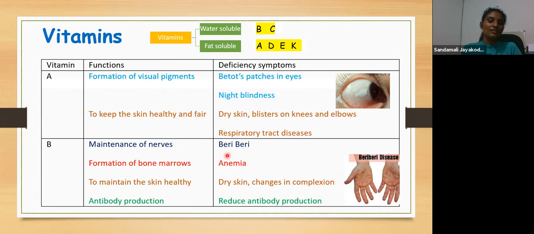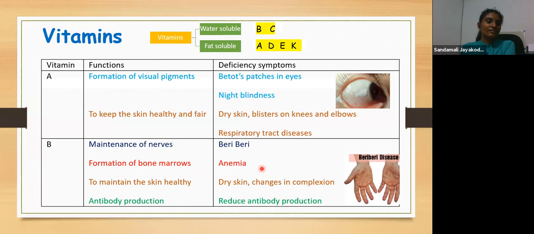And anemia prevents oxygen transport in our body because formation of bone marrow is affected by vitamin B. Bone marrow is the place which produces red blood cells. So production of red blood cells is affected by vitamin B deficiency. So we will get anemia.